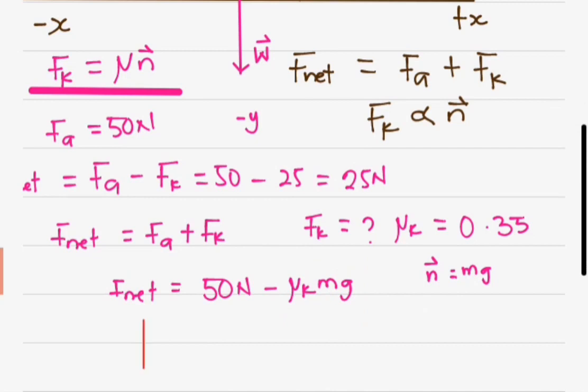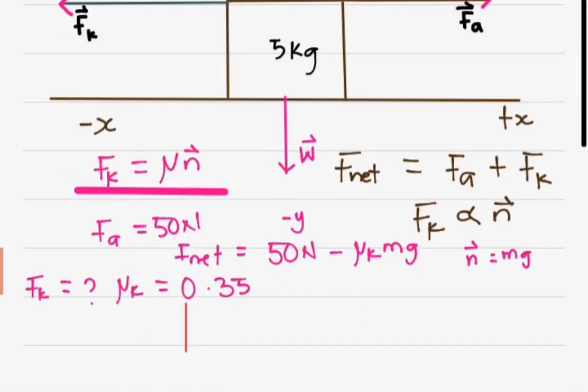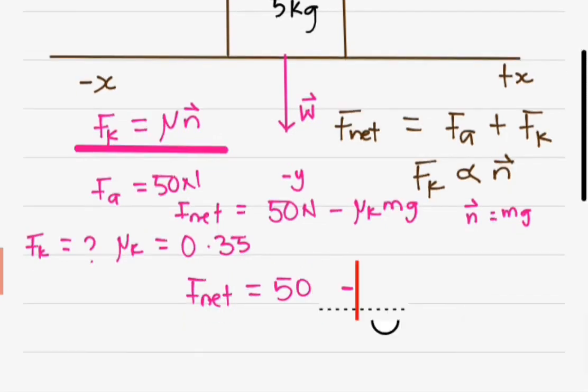So we know that the mass of this object, or the mass of the block, is 5 kilograms. So F net is going to equal 50 minus mu k, which is 0.35.